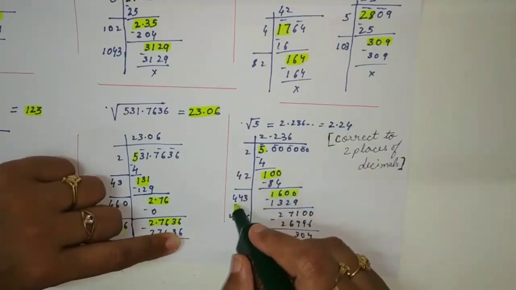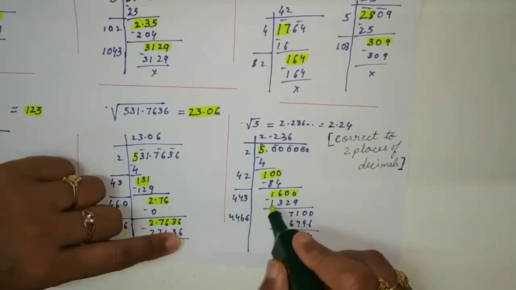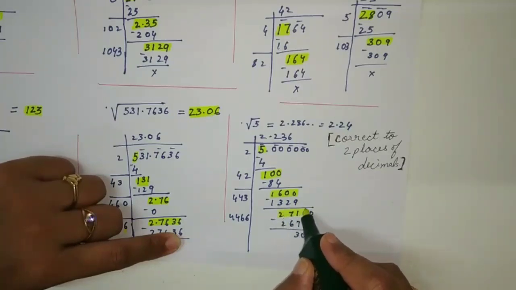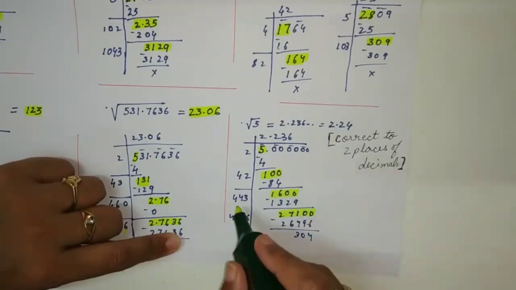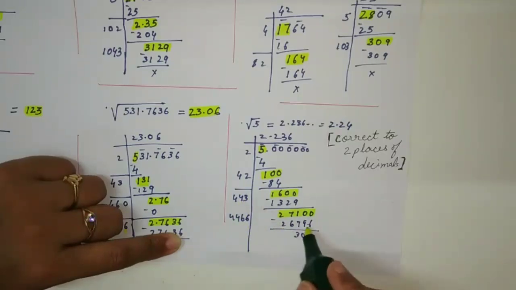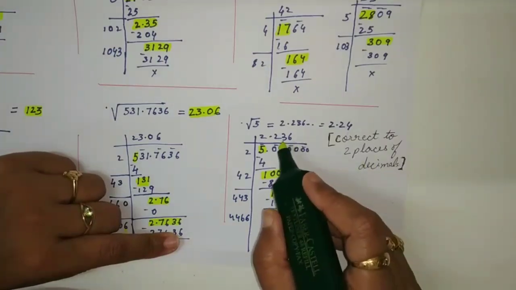42 plus 2 is 44. 3 multiplied, so it gives 1329. Difference is 271 and the next pair brought is 00. 443 plus 3 is 446. The new number is 6 and you get the exact number but a remainder. That means it is non-terminating yet, not ended yet, but I need up to 3 places of decimal.